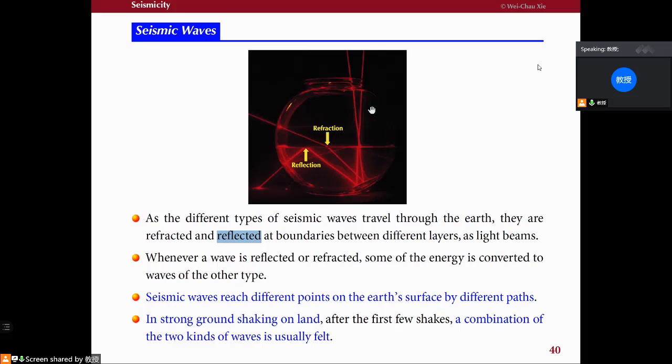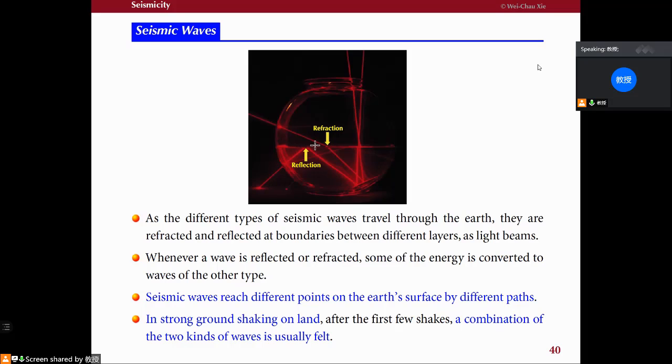You have a container, a bottle, and we have water at the bottom and air on top. So we have a light beam coming down. There's a mirror here. Okay, so that's reflection, reflect. And then at this boundary, you have reflection. And then another beam coming down, reflect. And here the refract, 折射, 反射.